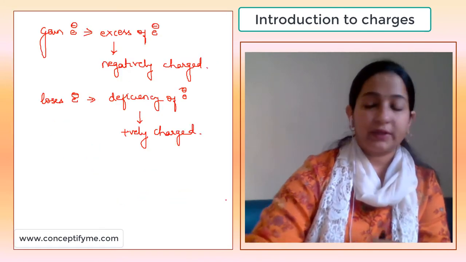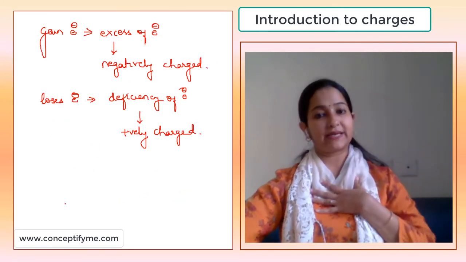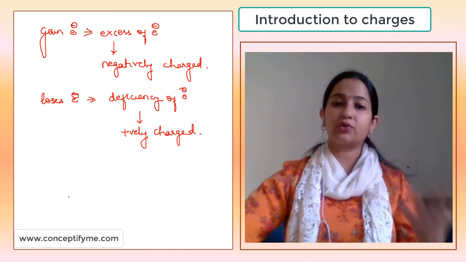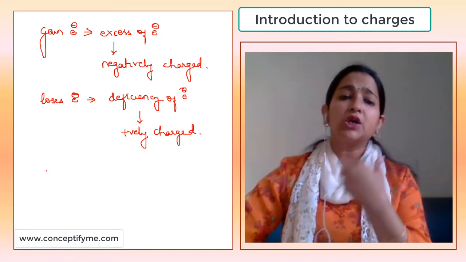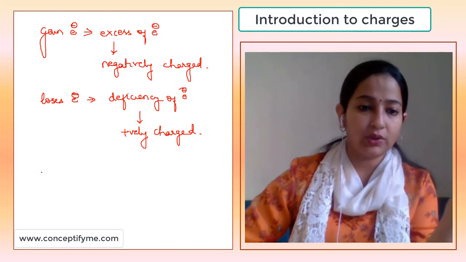One more thing I wanted to tell you: when a body gains electrons, it has an excess of electrons, and when it loses electrons, it has a deficiency of electrons. There are two very famous examples. One is that of a glass rod and silk cloth.